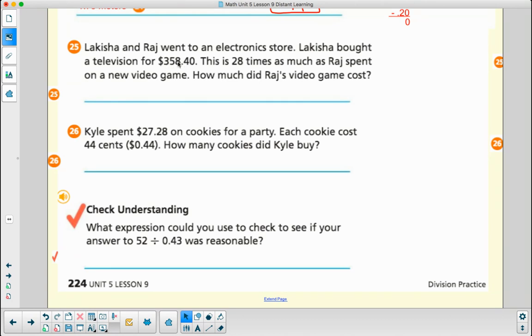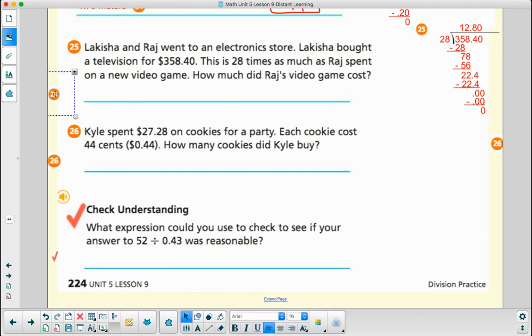So I'm going to take the $358.40 and divide by 28. And when I did, this is what I got. I got 12 and 80 cents, or $12.80, I should say.